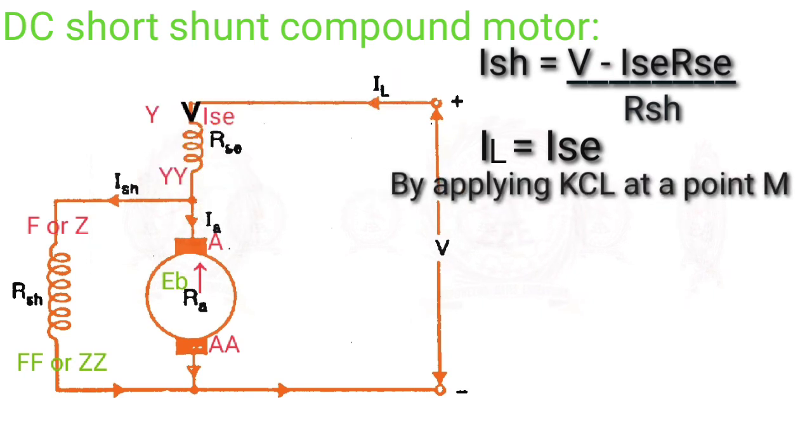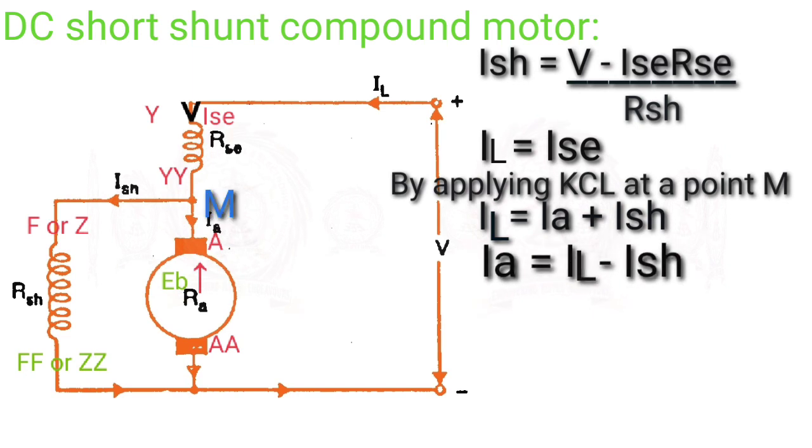By applying KCL at point M, IL is equal to IA plus ISH. Here IL is the incoming current and both IA and ISH are outgoing currents. Finally, IA is equal to IL minus ISH.